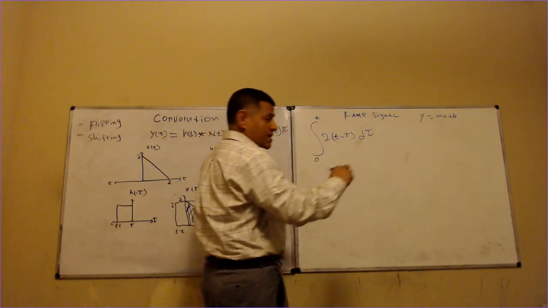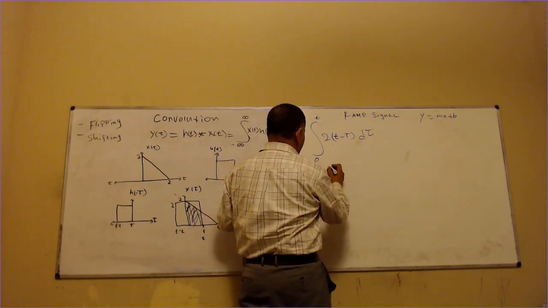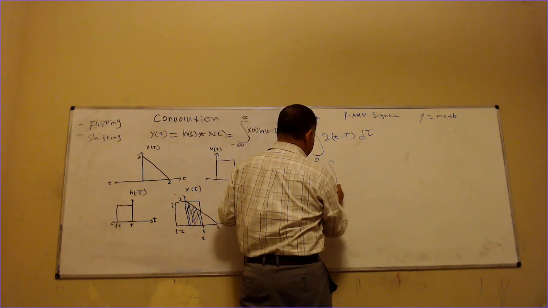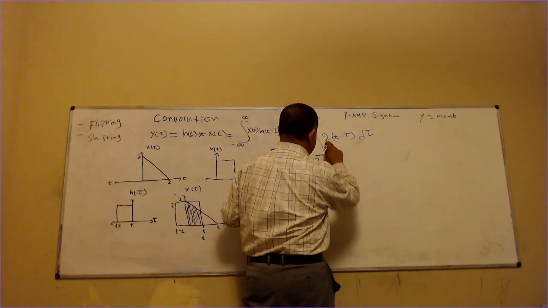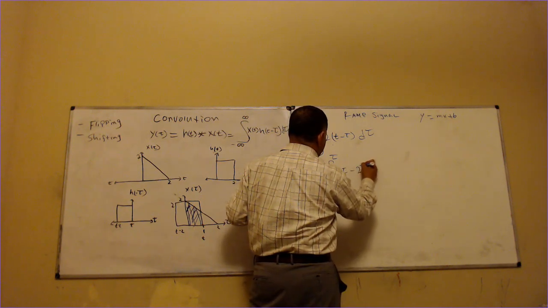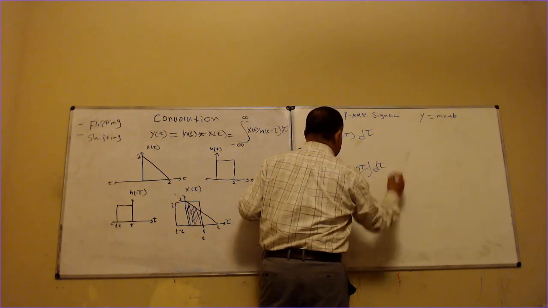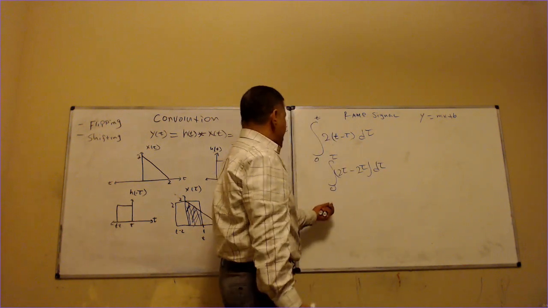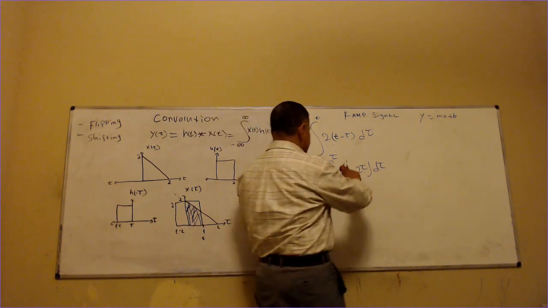So now I do the integration. This becomes the integral from 0 to t, and then I distribute that inside, and I get 2t minus 2 tau, right? And then integrating all that with respect to tau, and this is a t.